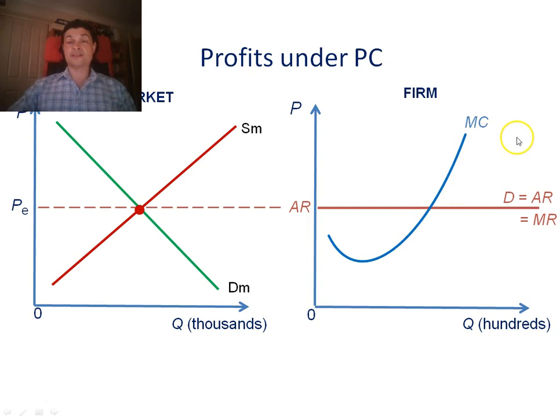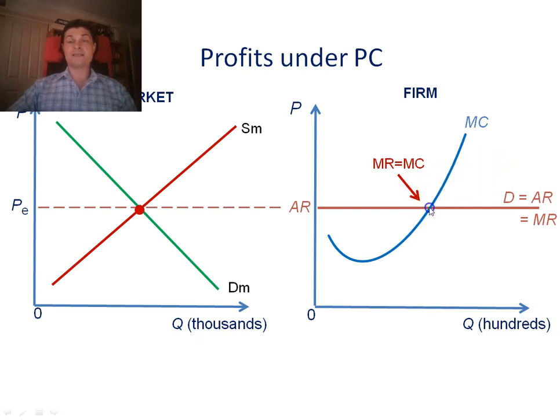And at the intersection of marginal revenue and marginal cost curve, so marginal revenue is our straight line demand, which is also our marginal revenue, equal to marginal cost at this point here. So marginal revenue equals marginal cost is a profit maximizing condition.